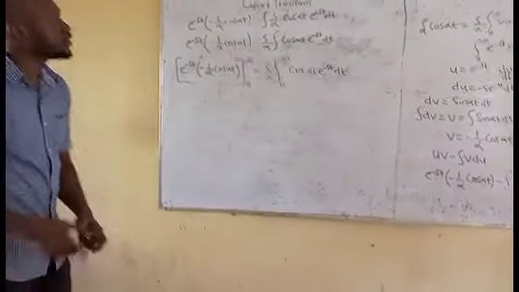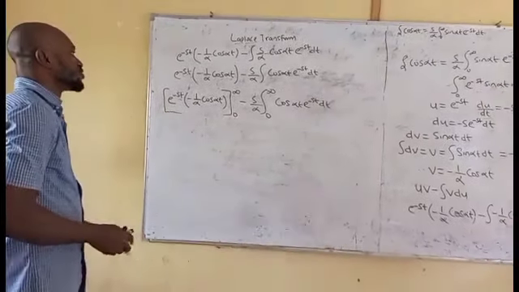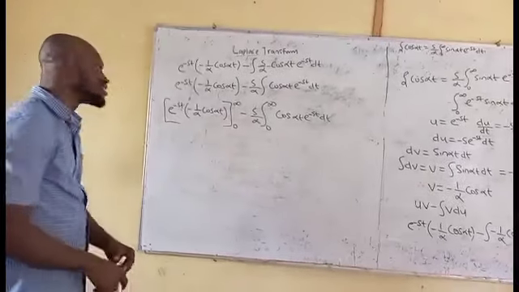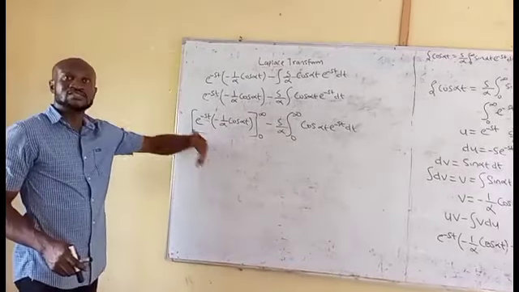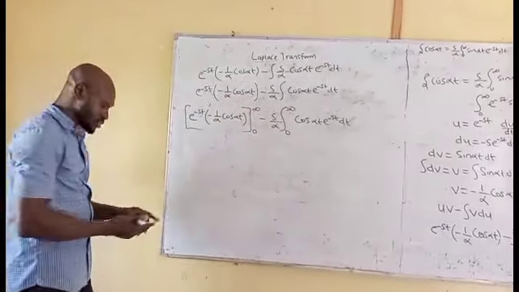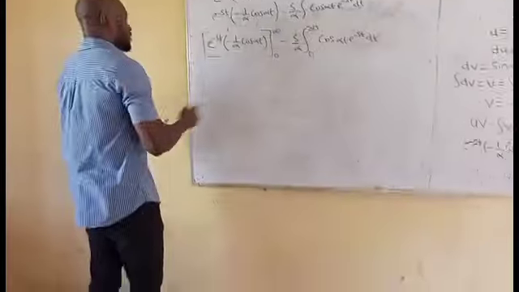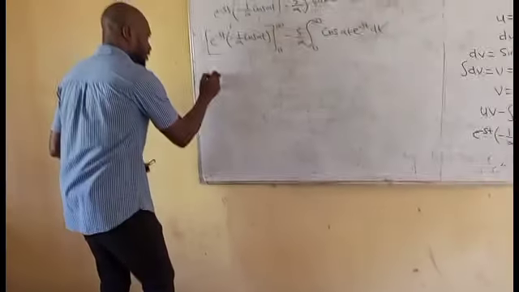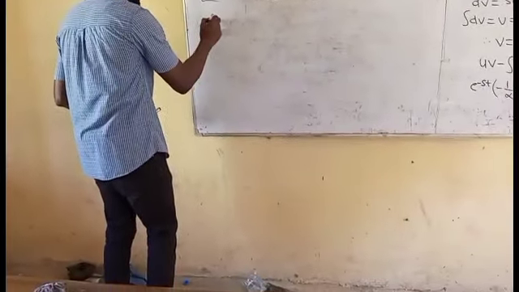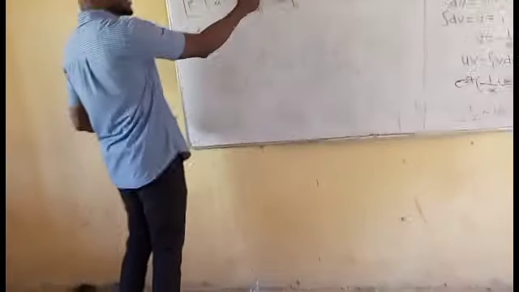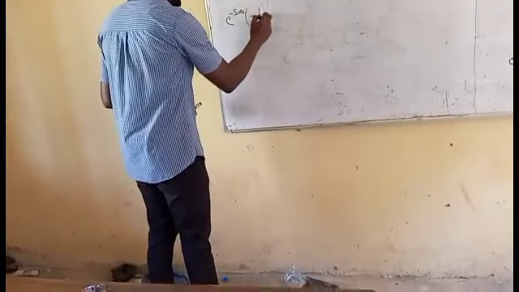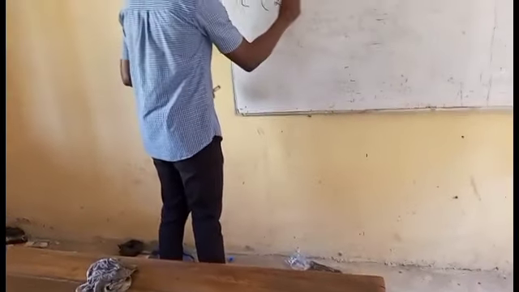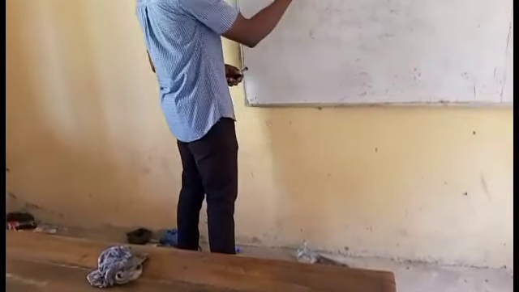So when I fill it up, I'm going to have it. Now I've added my limits, so I will evaluate as usual. That is my upper limit minus lower limit. So when I do that, I'm going to have exponential raised to the power of minus s, my t is infinity, multiplied by minus 1 over alpha cos alpha times infinity.